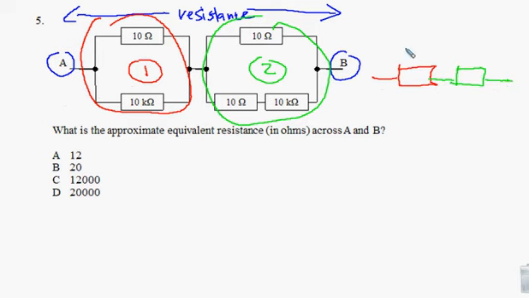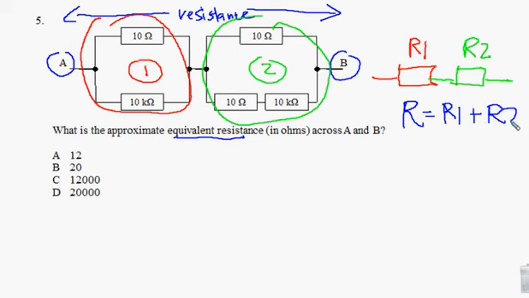If I label this as R1, and if I label this as R2, when these two resistances add together, it will give me my equivalent resistance, which is my R. So my R total is actually equal to R1 plus R2. Okay, so that's my objective.